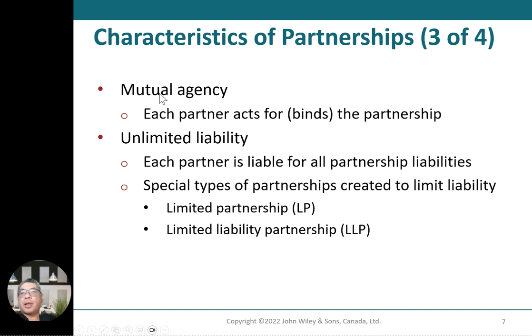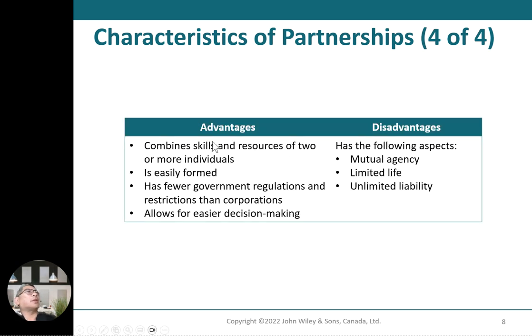Okay, there's mutual agency. Each partner acts as an agent of the partnership and has unlimited liability. That's the key part. Each partner is liable for all partnership liabilities. There are special types of partnership to limit liability, which are LP, limited partnership, or LLP, limited liability partnership. Okay, let's look at the characteristics of this partnership.